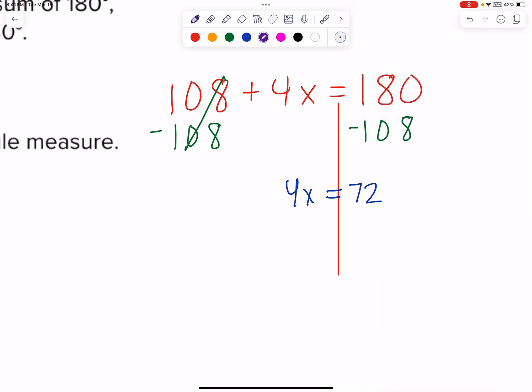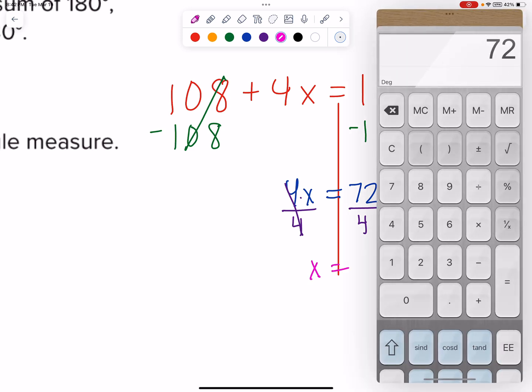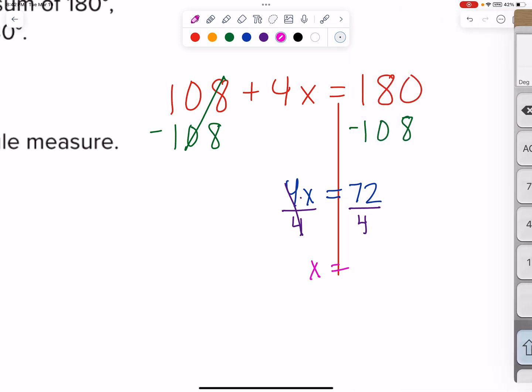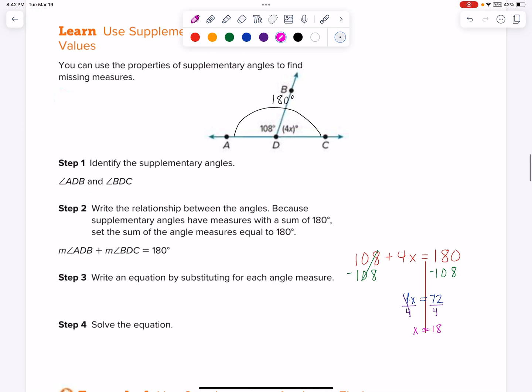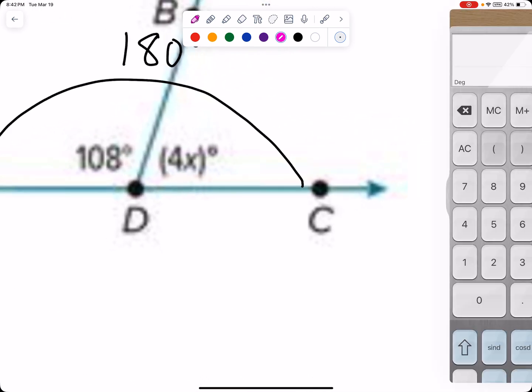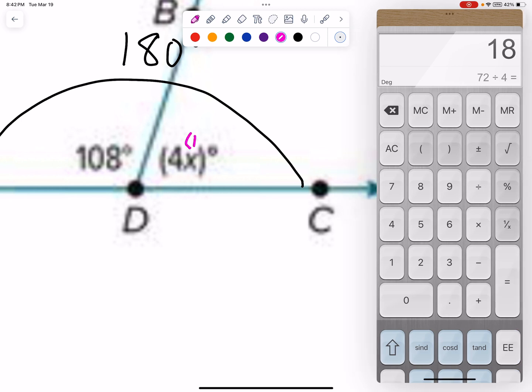Now we need to isolate your variable. So divide both sides by 4, and you end up with x equals 72 divided by 4, and that equals 18. It's always good to check and see if you're accurate. So if I plug in 18 up here, 4 times 18, we get 72.